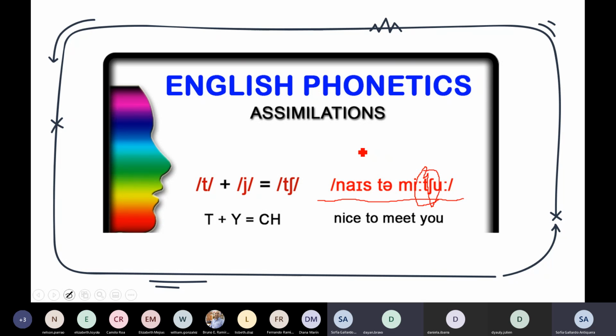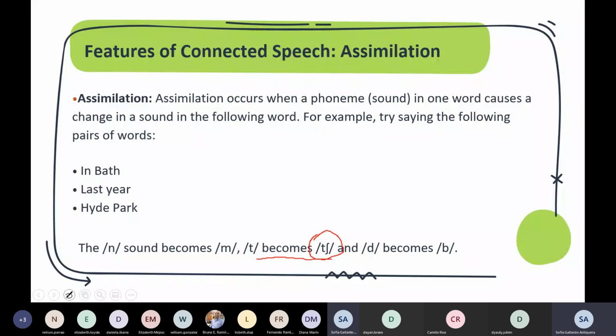Nice to meet you. Yes, perfect. Very well done. And just one more volunteer. I can do it. Camilo, yes. Nice to meet you. Yes, very well done. Can you notice what happens with assimilation?